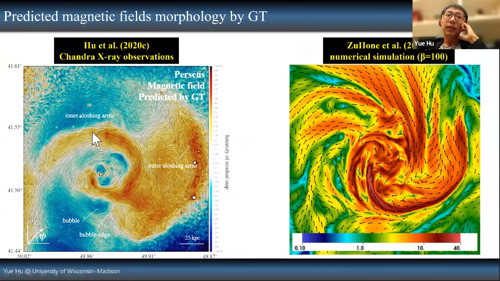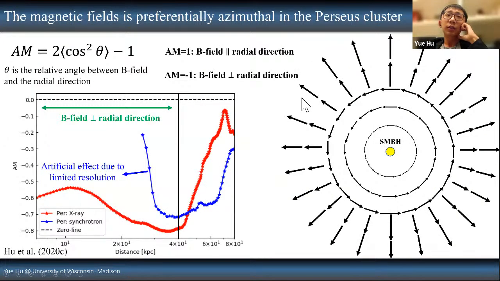We can see that the magnetic field lines predicted by the intensity gradient follow the slanting arm. This agrees with the numerical simulation in Zhu, Hu et al. 2011.